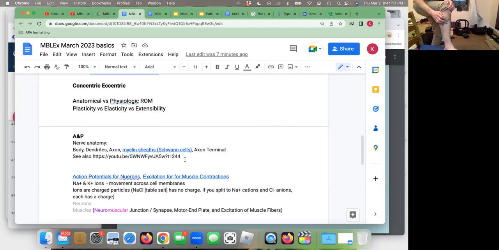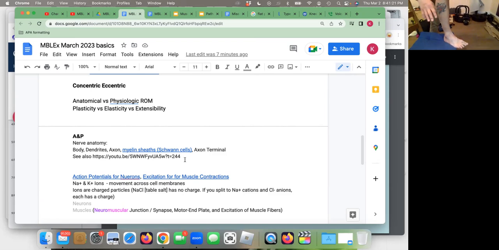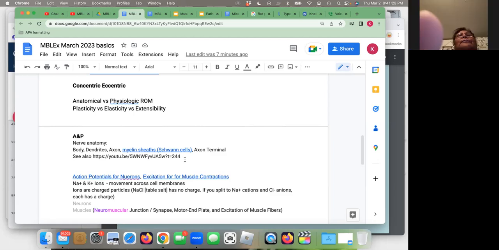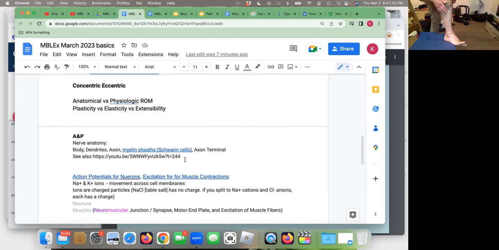I'll have to get that name for you, but the peroneals are active in eversion of the ankle. Is this concentric or eccentric contraction of the peroneals? Concentric. Eversion of the ankle is concentric. These are shortening at the moment. Okay.